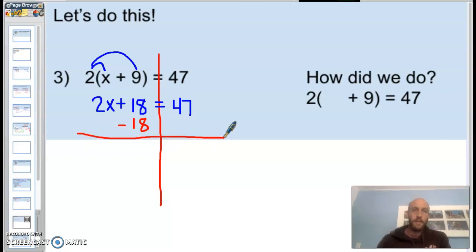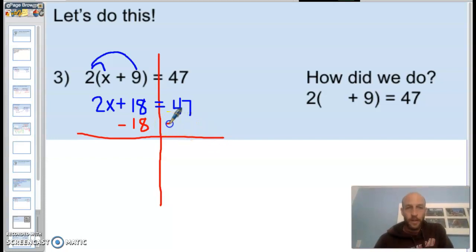Just like last time, right? If I take away 18, my hanger is not flat, it's not equal, so I need to do the same thing to the other side to make sure that it's equal. Okay, a positive 18 and a negative 18, that makes 0. That's the whole point, because now I just have 2 times x left over. I'm going to bring that down here.